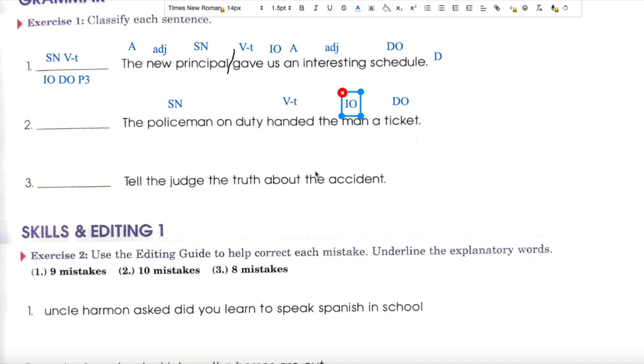The word a is always an article adjective. The word the is always an article adjective. On is always a preposition. On what? On duty is the object of the preposition. The word the is always an article adjective.